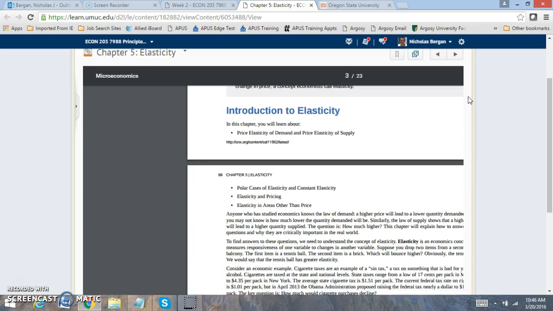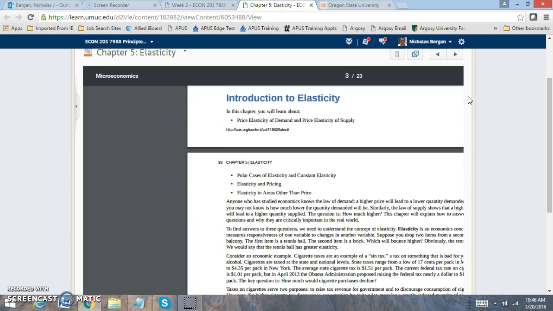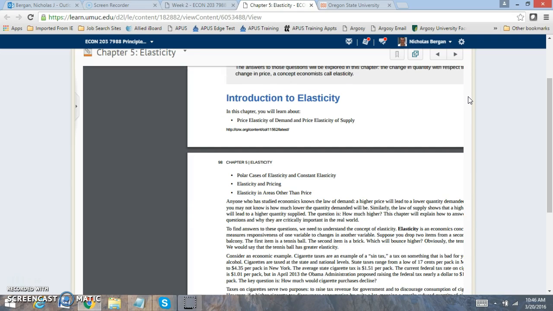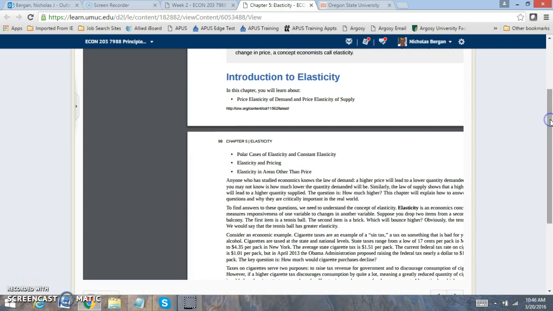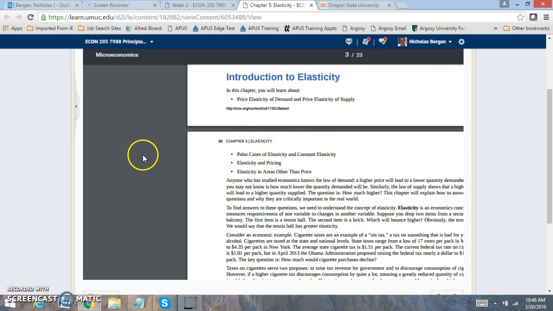Now, when we look at elasticity, we're looking at how consumers respond to changes in the price level. You'll notice that consumers are very sensitive to prices or changes in prices. That's very important to note.